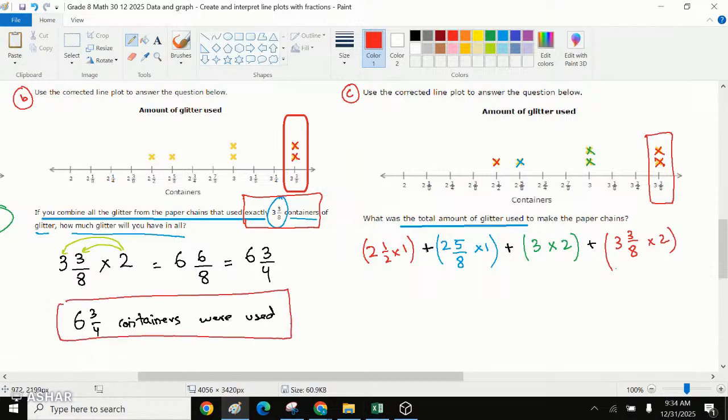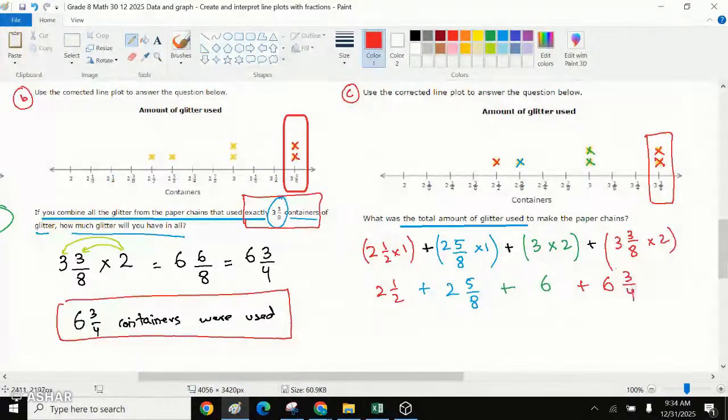So 2 into 1 upon 2 would be 2 1 upon 2, right? Plus 2 whole 5 upon 8 plus 6, and the last one, we already solved this in the previous part. This would be 6 whole 3 upon 4, right?